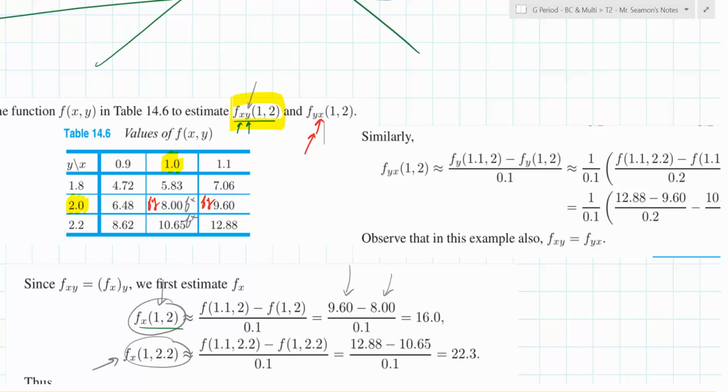The y value stays constant. So what do you calculate at the constant y values? fy. And if I calculate fy, that means I have to take x constant. So that's why we subtract this from this, and this from this, and divide by this distance. Then we take these two values, subtract this from this, and divide by that distance. But then when you're doing f of x, you still keep only one with the column. Exactly.